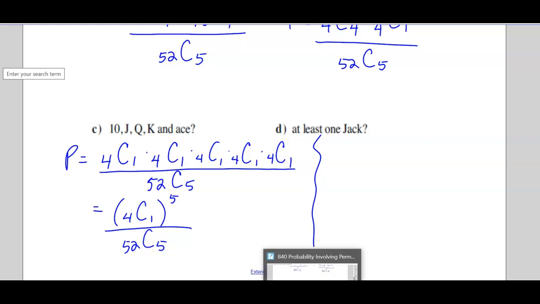Okay, and then the last one, at least 1 jack. So that would be 1 jack, 2 jacks, 3 jacks, 4 jacks. Can't have more than 4 jacks. That's a lot of calculations, so let's think about the complement. At least 1 jack would be 1 minus no jacks.